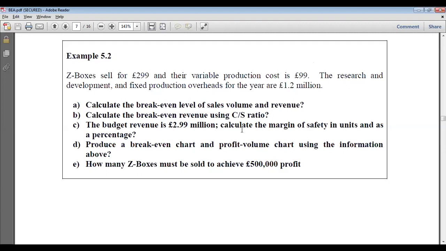Calculate the break-even using the cost to sales ratio and contribution per single piece, and budget revenue is £2.99 million. Calculate the margin of safety in units and as a percentage. Produce a break-even chart and profit volume chart using the information above. How many boxes must be sold to achieve £5,500,000 profit?